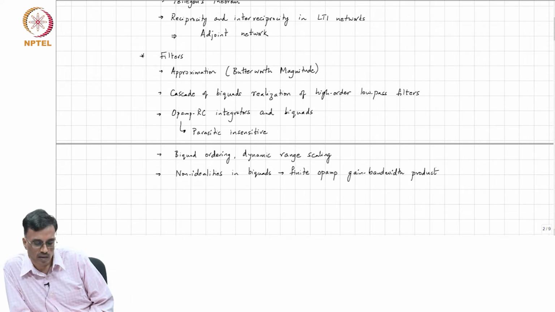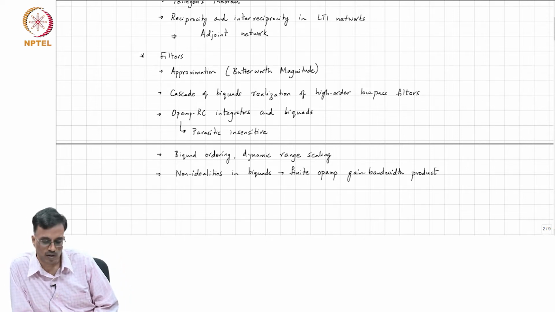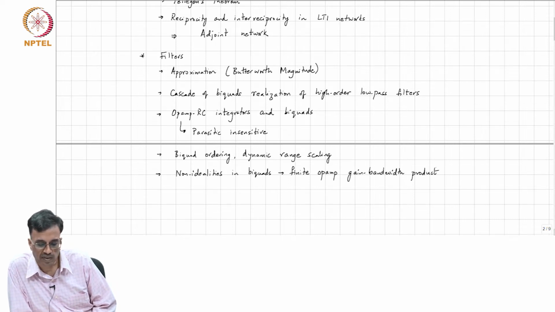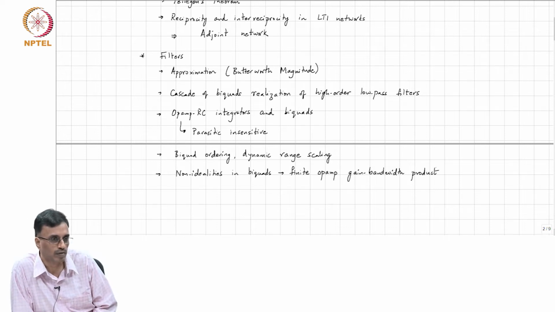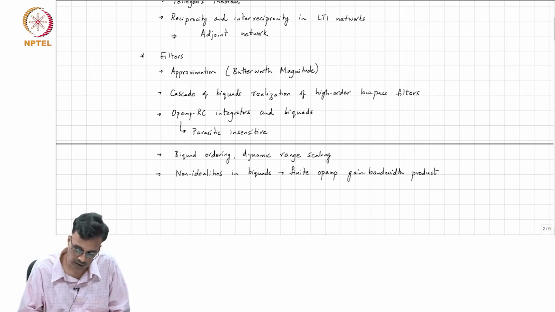There we saw that if the op-amp has a finite bandwidth, then the integrator, instead of being ideal, has some delay with it. When you put two integrators inside a loop, each integrator has a delay and you have a feedback loop. When you introduce delay into a feedback loop, the degree of stability decreases. In other words, the quality factor of the poles becomes higher, right. So, we saw that there is going to be Q enhancement.